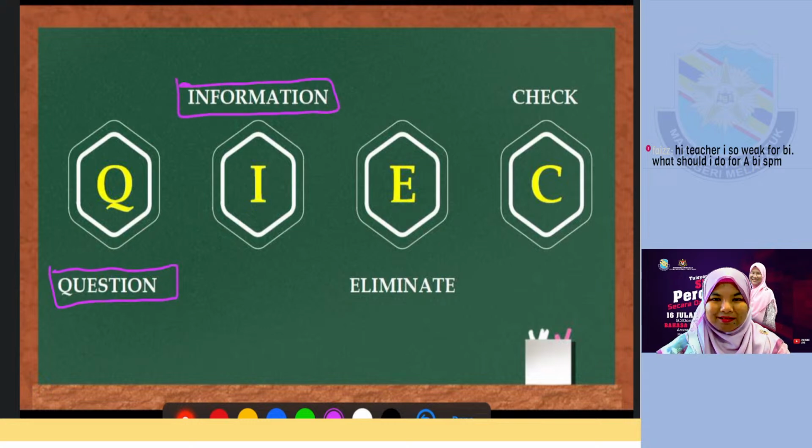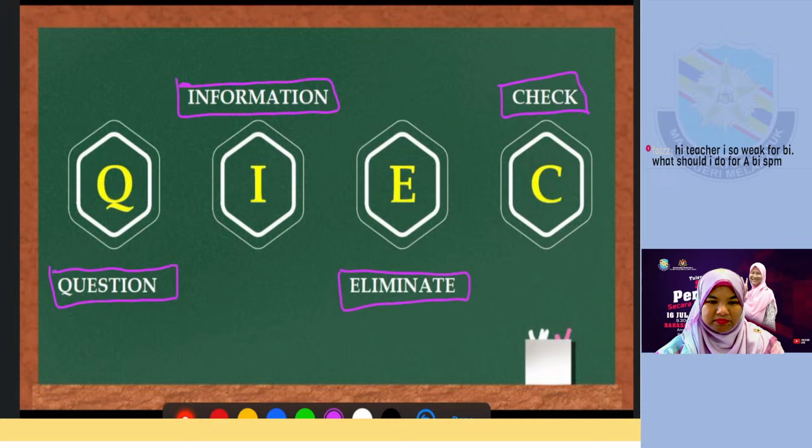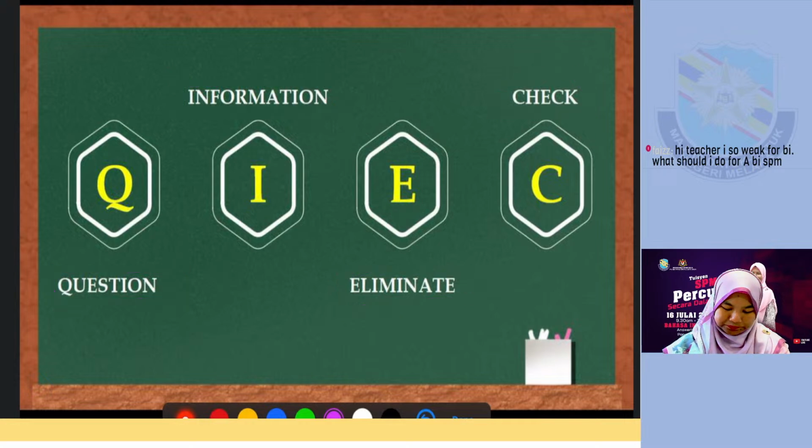And E means eliminate. And the last one, C, will refer to the word check. What do these words or acronym symbolize? The explanation would be right here.